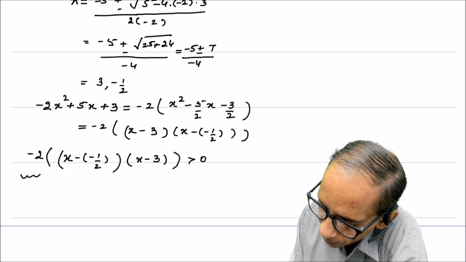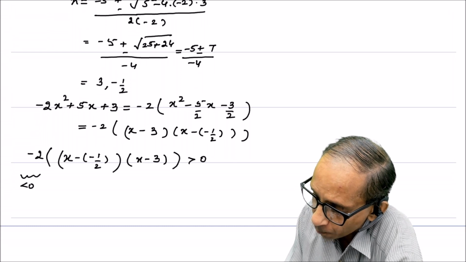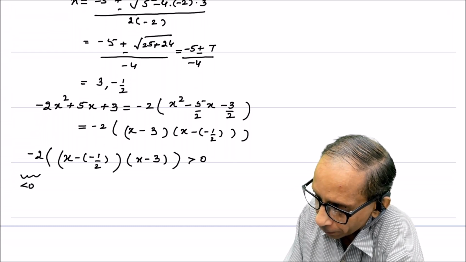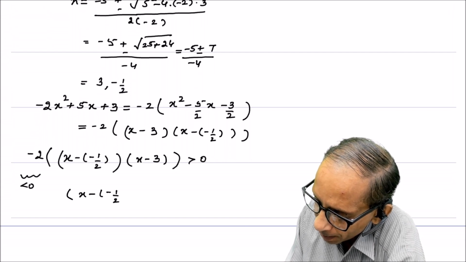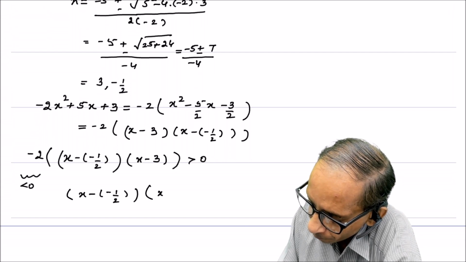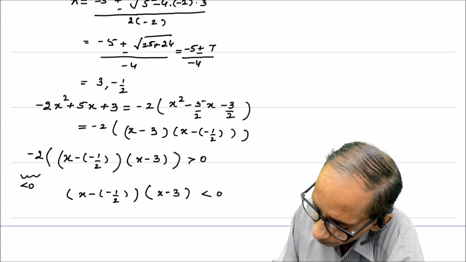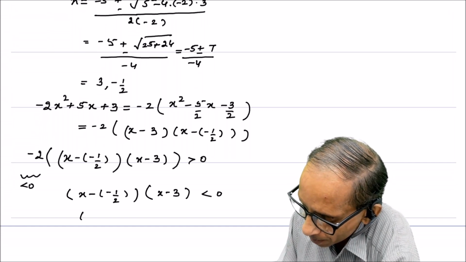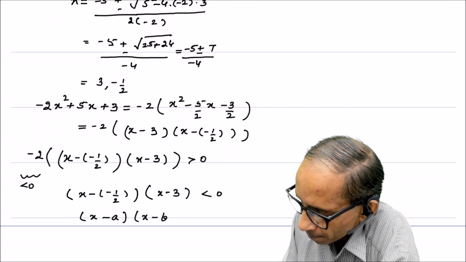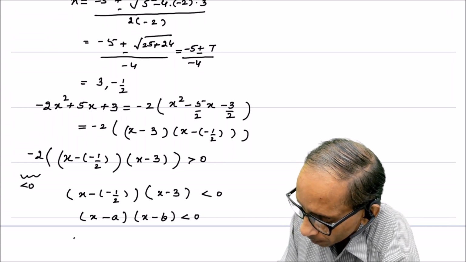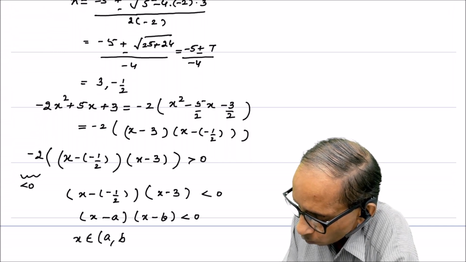Since minus 2 is less than 0, the product of two numbers is positive and one of them is negative, which will mean that the remaining bracket, the second bracket for us, is less than 0. So by the quadratic inequalities that we have considered so far, this is of the type x minus a, x minus b less than 0. X belongs to a comma b.